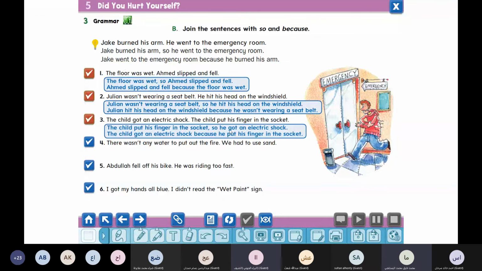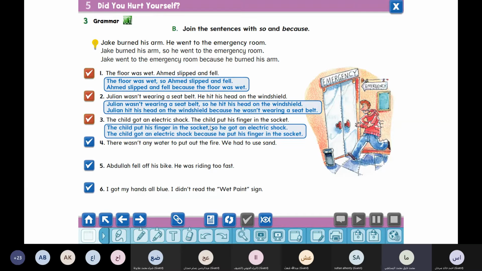So he got an electric shock. The child put his finger in the socket, so he got an electric shock. The child got an electric shock. Why? Because he put his finger in the socket.